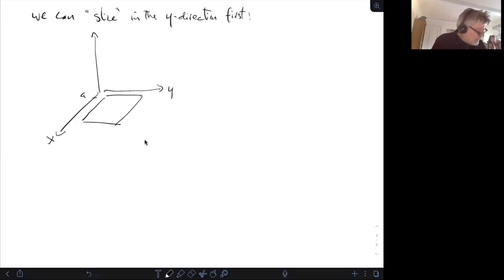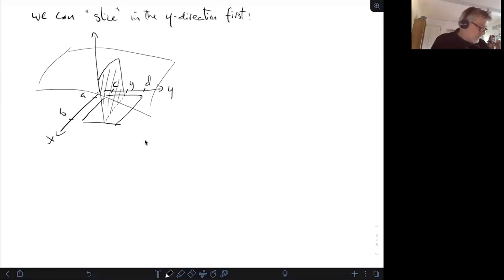This is A, this is B, this is C, this is D. Now I can choose some y here and look at what happens only above this, and look at this slice here.